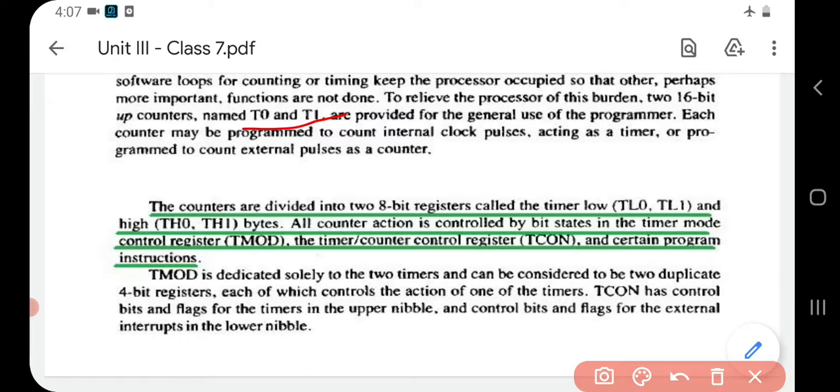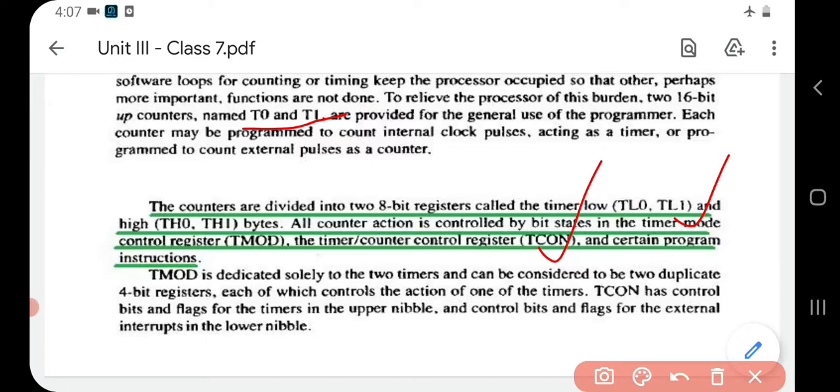Now counters are divided into two 8-bit registers, called timer low, TL0 and TL1, and the other one is high, that is TH0 and TH1 bytes. All the counter actions are controlled by the state of the bits in the registers named TMOD, the timer mode control register, and the other one is the TCON register, the timer counter control register.